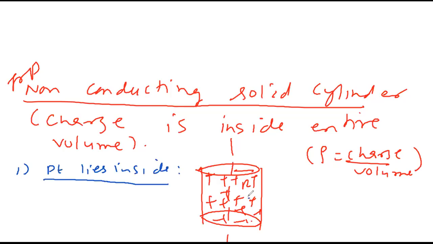So if the point is here, now if you draw a Gaussian surface, it will enclose the charge. If charge was on the surface, then a point inside it was not able to enclose the charge. Now if the point is inside, it is going to enclose the charge. So just draw the diagram, then I am doing further.